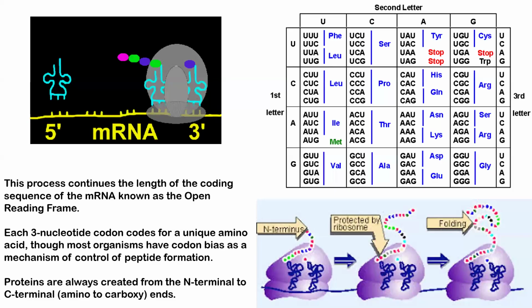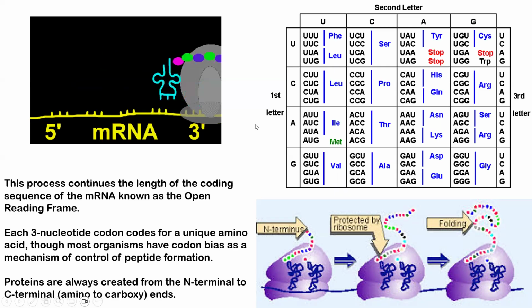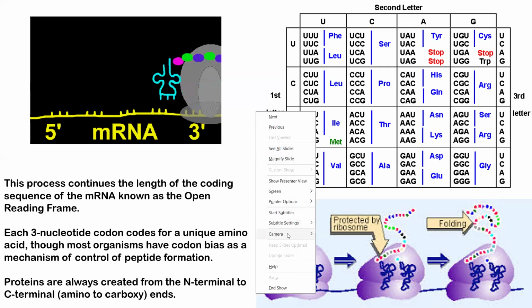All right. So where we more or less left off talking in class, and I kind of want to circle back to this, is the concept of translation and translation elongation.